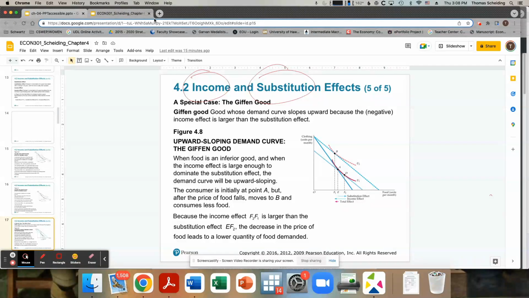And what Giffen had said, and how Marshall explained it in the textbook he had written in 1895, is that potatoes were such an extreme inferior good that the income effect actually overwhelmed the substitution effect.